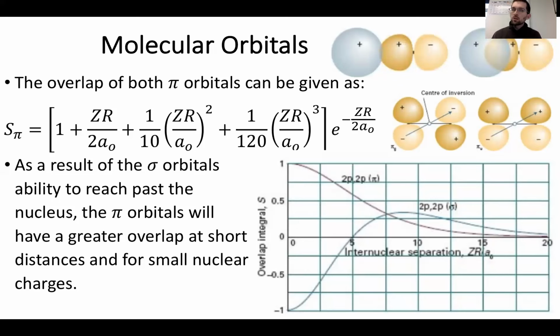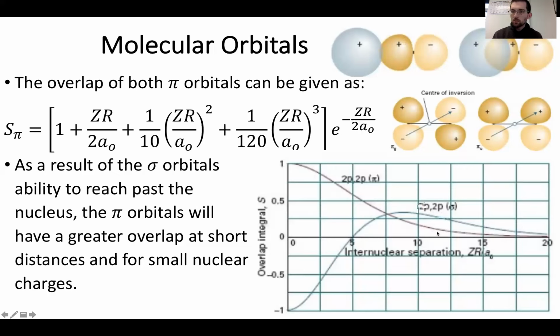So what we can do is start taking into account what we know about overlap in between our p orbitals forming the sigma and pi bonds and use them to order the relative energies. So we're going to start by assuming that we're going to have relatively reasonable equilibrium separations, which are going to be more out in this region.